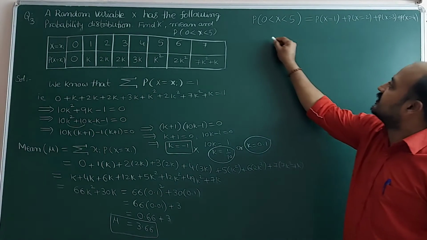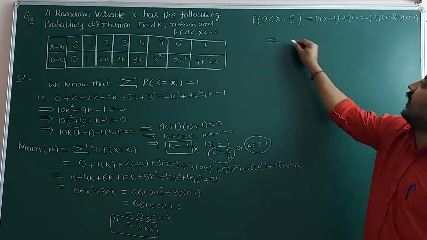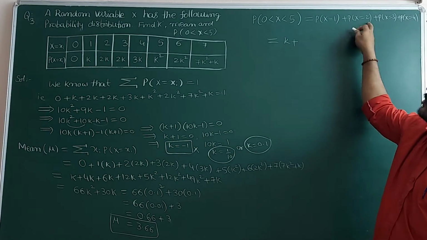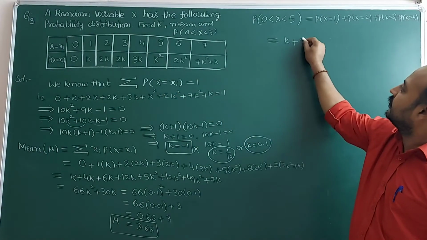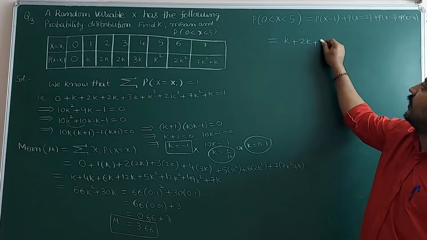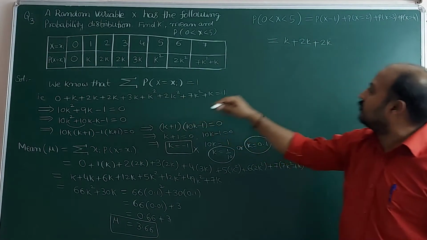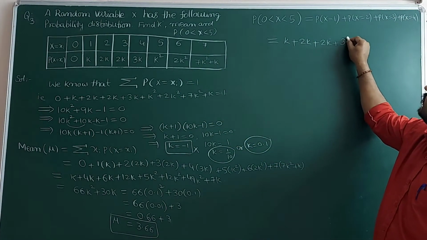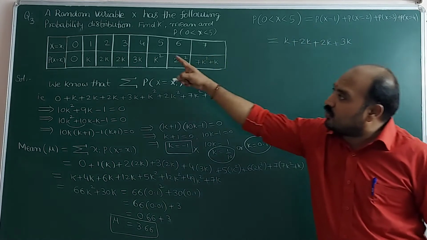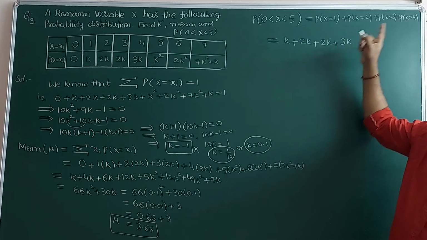So what is P of x equal to 1? From that, k. P of x equal to 2, 2k. P of x equal to 3, sorry 2k. P of x equal to 4, 3k. Once again check: for 1 it is k, for 2 it is 2k, for 3 it is 2k, for 4 it is 3k.